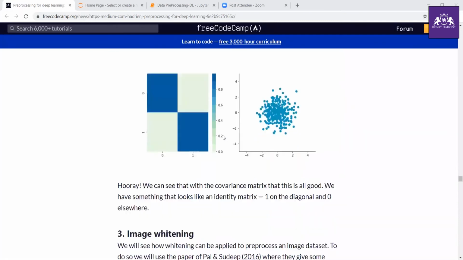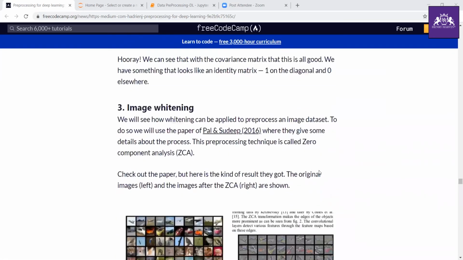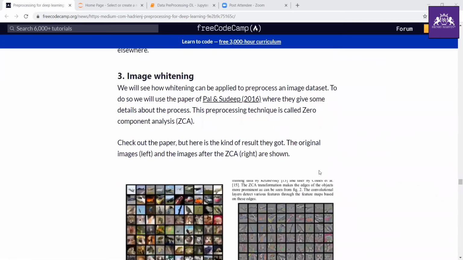We can see that the covariance matrix now looks like an identity matrix: 1 on the diagonal and 0 elsewhere. Clear? The next topic is image whitening.